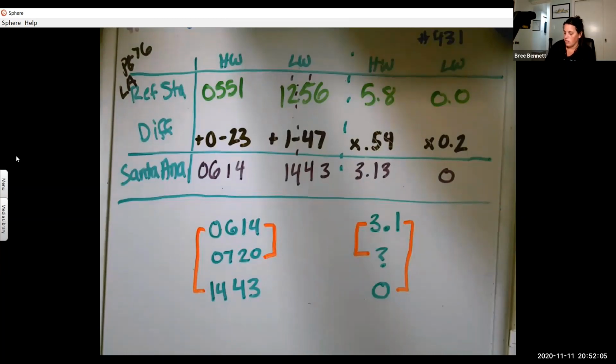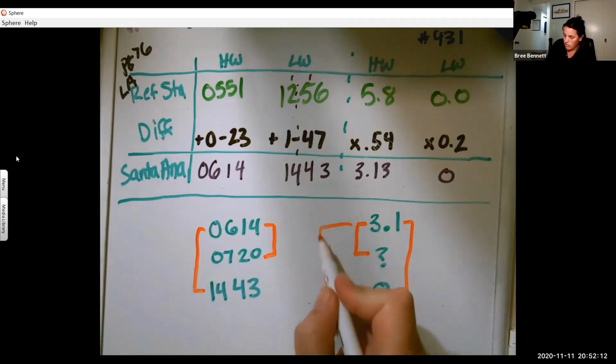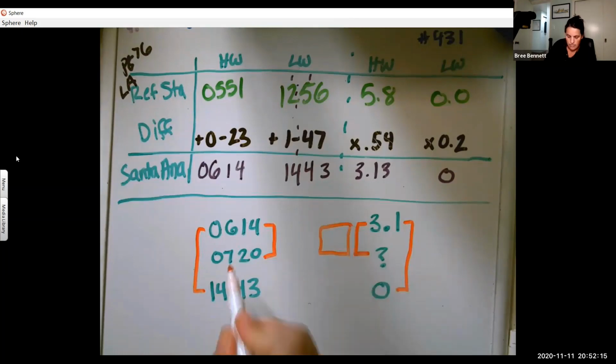Yep. Now let's take a minute and get what these values are. This is going to be our missing value, but we're going to have our other values.